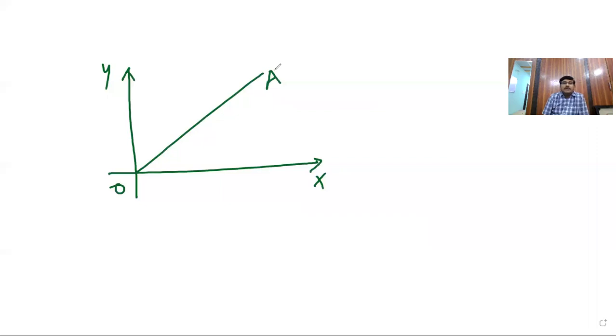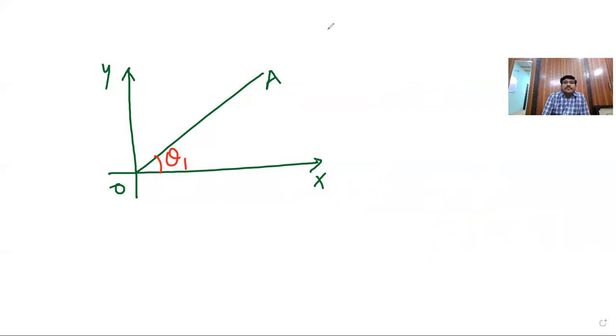This is the graph OA. Clear? And the angle made by this line OA with the positive x-axis is theta.